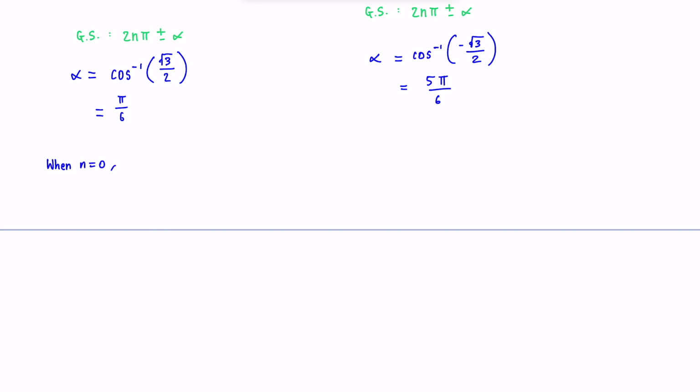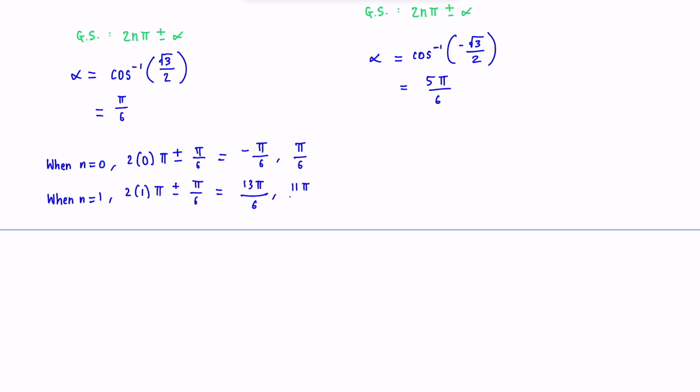And let's start substituting to see if we can find some values. Okay, so now we have values and we know that these two definitely don't fit our criteria, which is 0 is less than or equal to theta is less than or equal to 2 pi. So these two wouldn't suit.